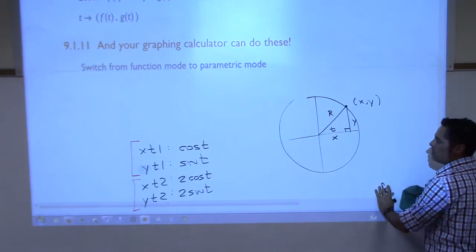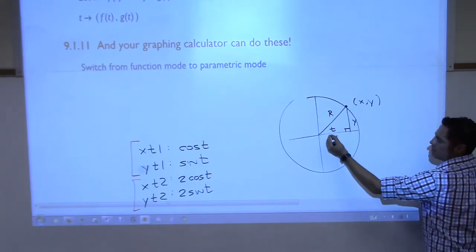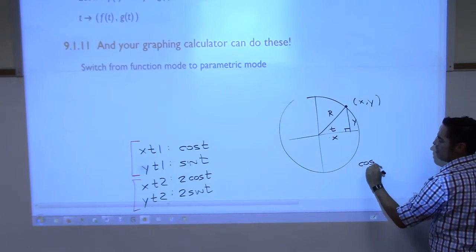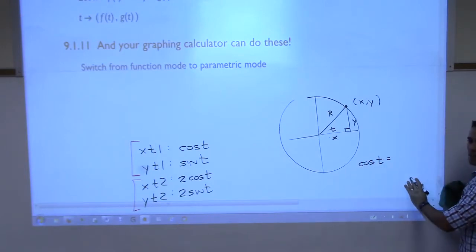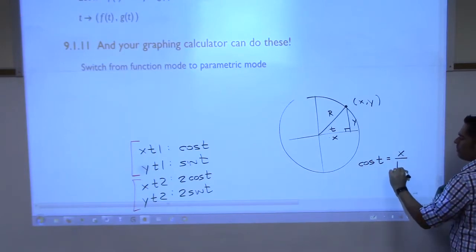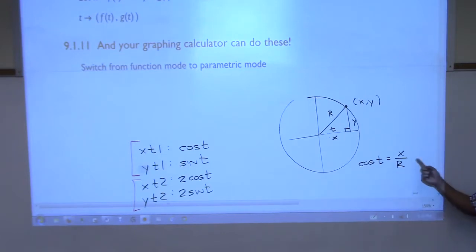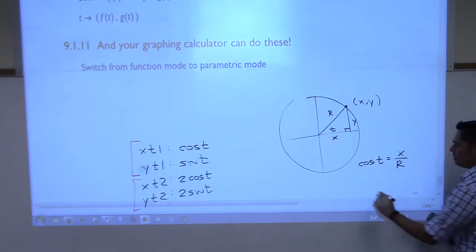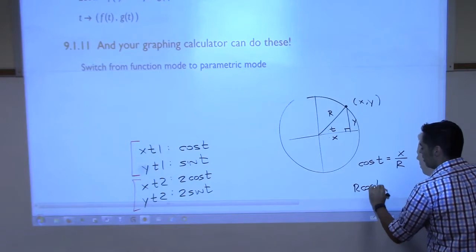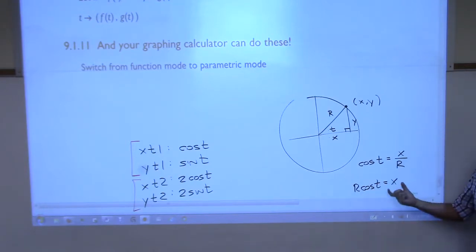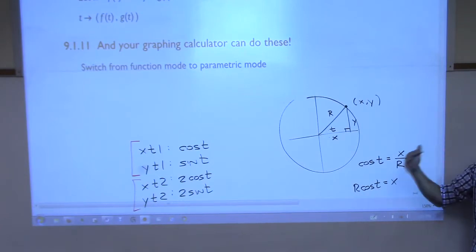Then when you set up your relationship between x and t, cosine of t is not just x now, it's x over capital R, right? And if I multiply both sides by capital R, I get capital R cosine t is x, and that's how you define your x. It's going to be the radius times cosine t, and then the y would be the radius times sine t. Yeah?